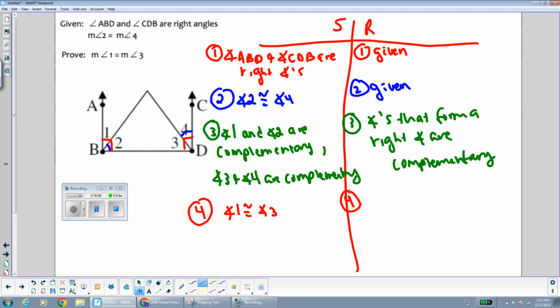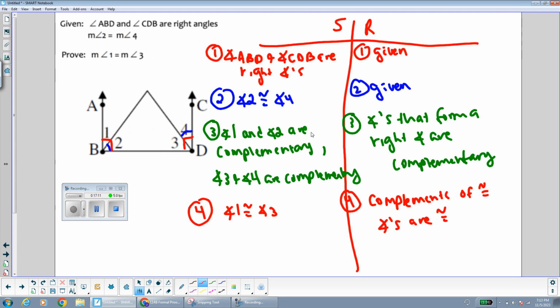And this is a little shortcut. It's a theorem called, oops, let me erase that. Complements of congruent angles are congruent.